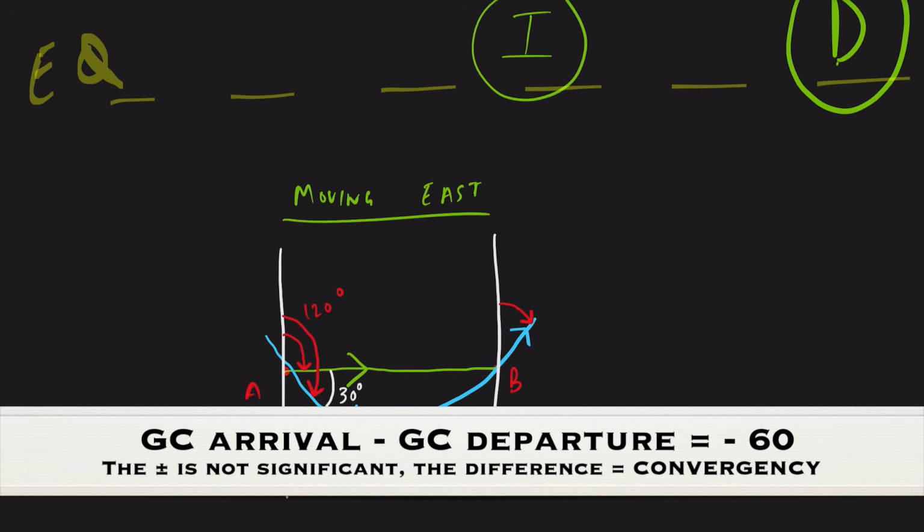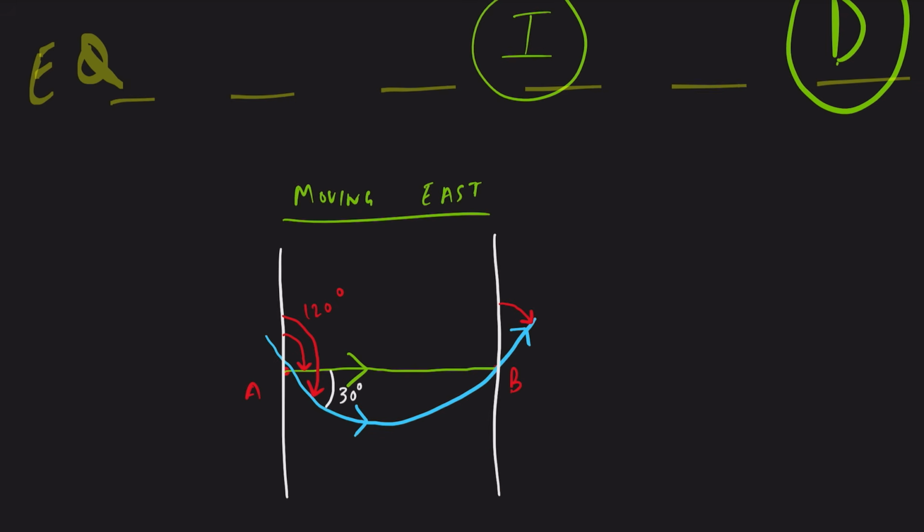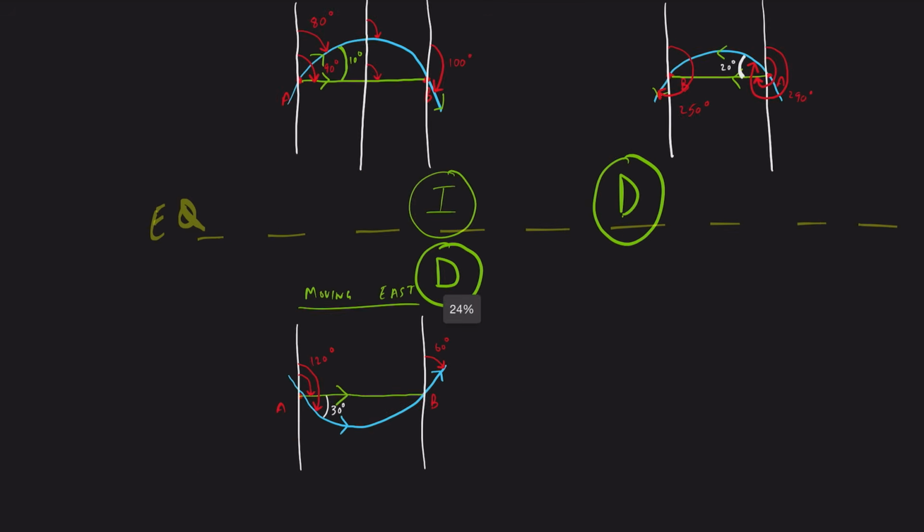So this angle will be 120 minus convergency. So this angle comes out to be 60 degrees. So here again, what I see is that my great circle bearing is decreasing. So I'll write another D over here. So moving east in the southern hemisphere, great circle bearing decreases.